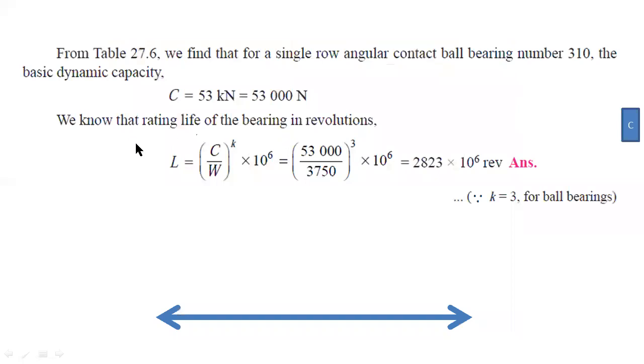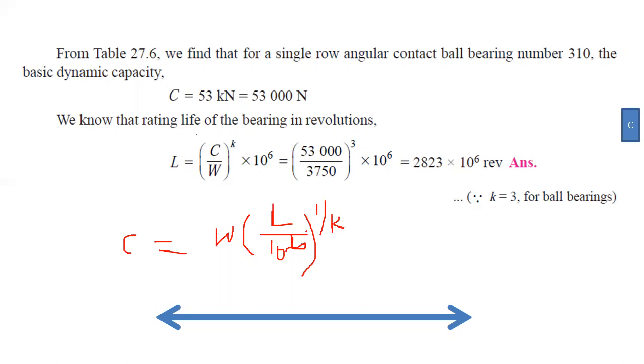Then you have to use a basic formula to find the life of the bearing. Already we know the formula for capital C: capital C equal to load W into the life of bearing L divided by 10 power 6, whole power 1 by K. By using this formula, you have to find the life of the bearing.